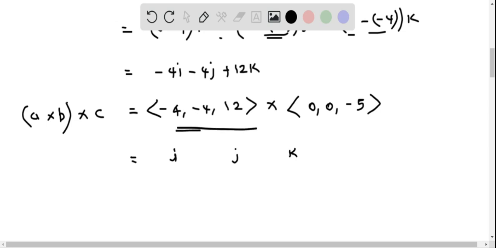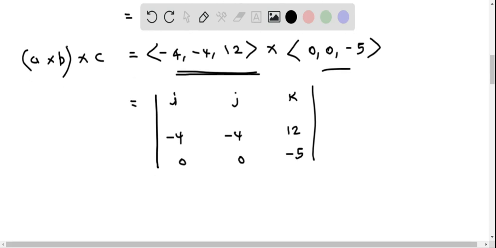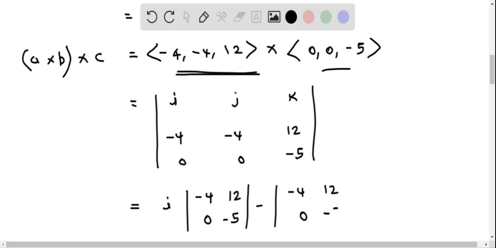I put this vector first, that is -4, -4, 12, and then the second vector 0, 0, -5. We evaluate this determinant. So let's expand along the first row. So we will get i times the determinant of -4, 12, 0, -5, minus -4, 12, 0, -5 j, plus -4, -4, 0, 0 k.